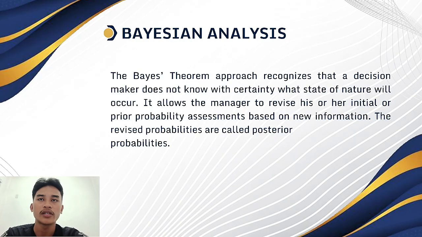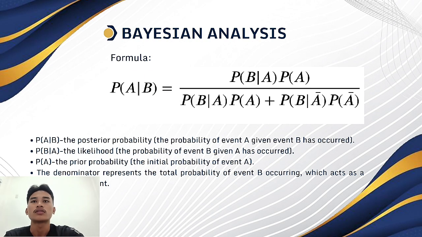So in Bayesian analysis, you select the better option using the probabilities and payoffs, and you also have to make a probability assessment for the new information. So we have here the formula of Bayesian analysis, and this is the posterior probability.